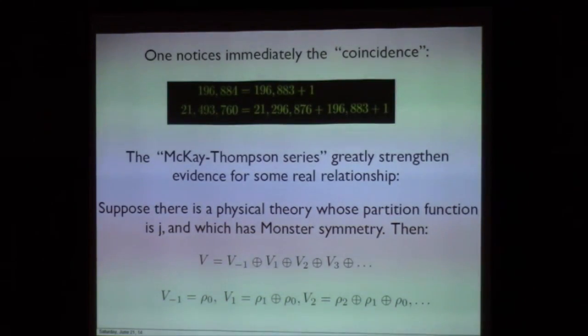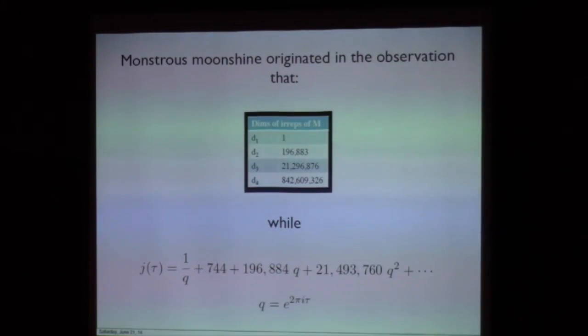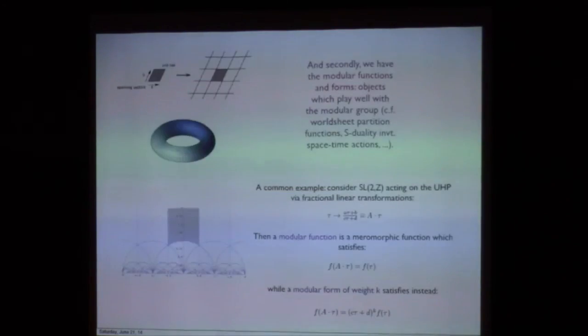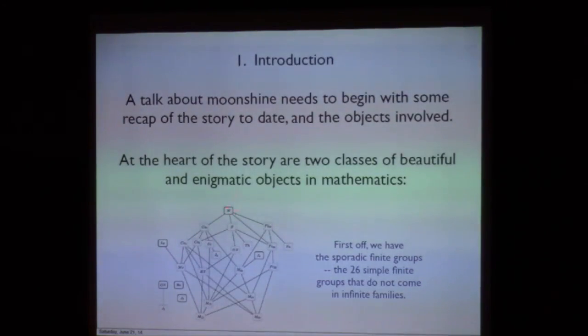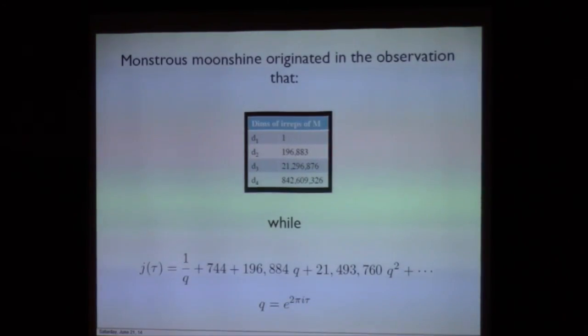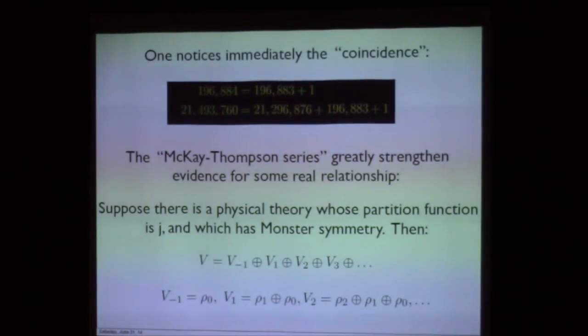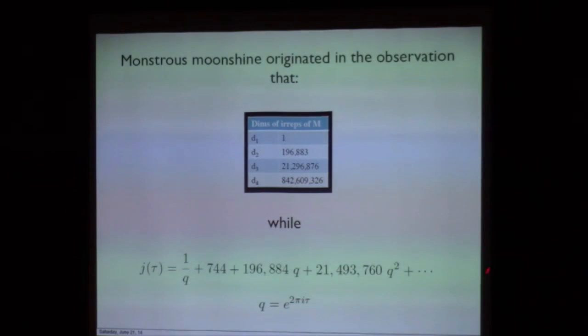So this led him to think and discuss with Thompson the idea that maybe there's really a deep connection between the biggest of these groups, the monster, and maybe the most basic of the modular functions. So what are these? Well, let's suppose that there's a physical theory whose partition function is this J function. The powers of Q measure the energy.